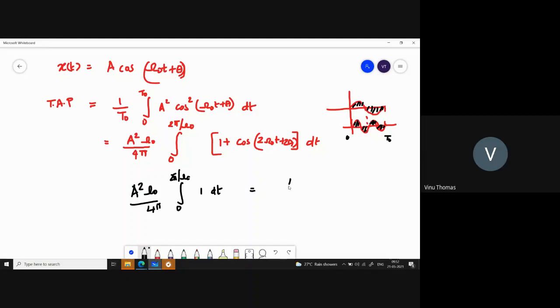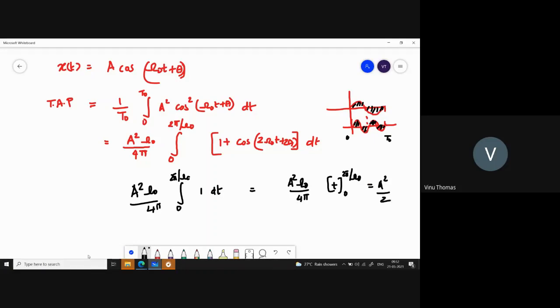So this you can write as a squared omega 0 by 4 pi, and 1 dt is t. So t within limits 0 to 2 pi by omega 0. So this evaluates to a squared by 2.